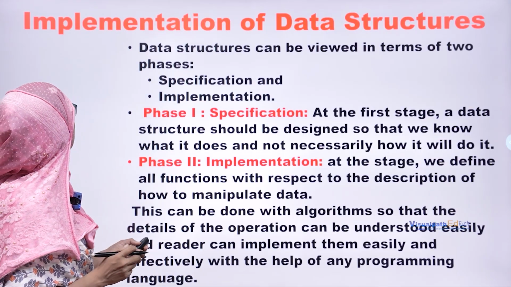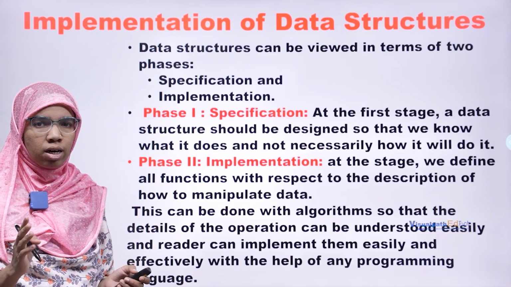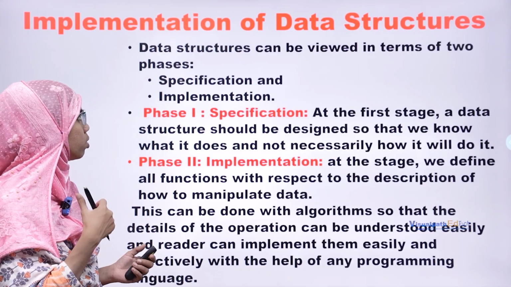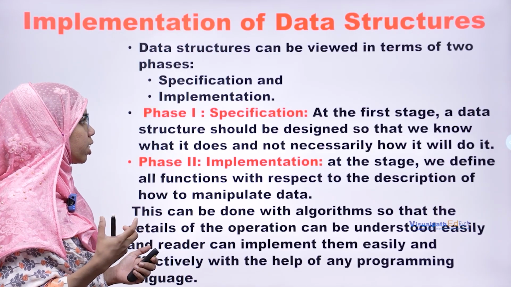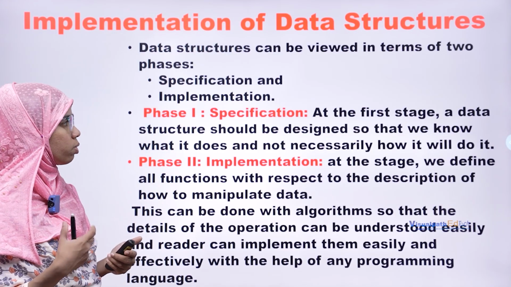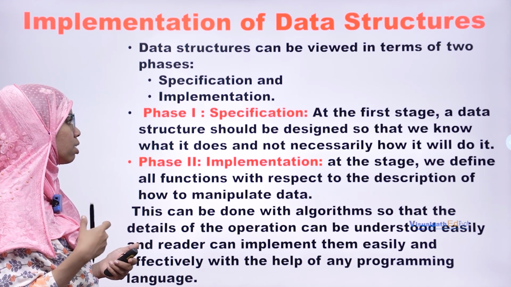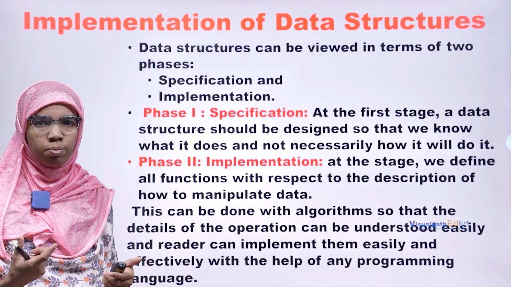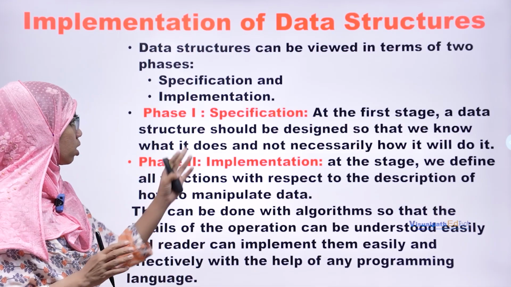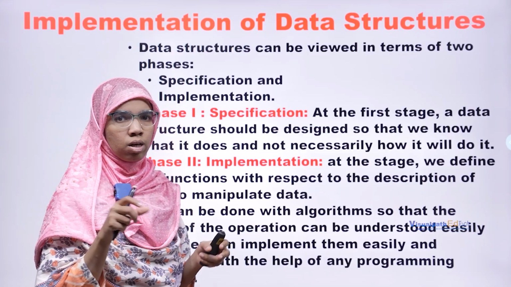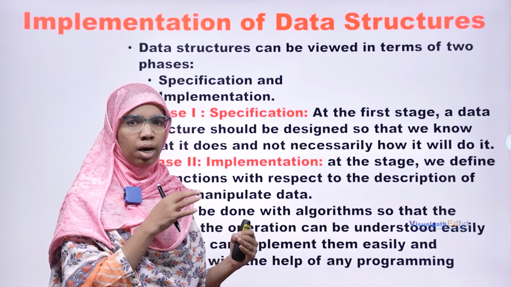Now, coming to the implementation of data structures. Data structures can be widely viewed in terms of specification and implementation. In the first phase, we specify the data: how it should be designed, what the necessary steps are, how it will be implemented, and so on. So designing of the data is specification, and under which area it will be applicable.